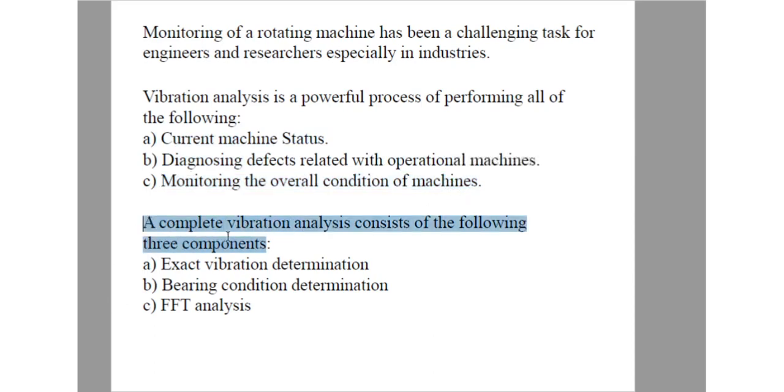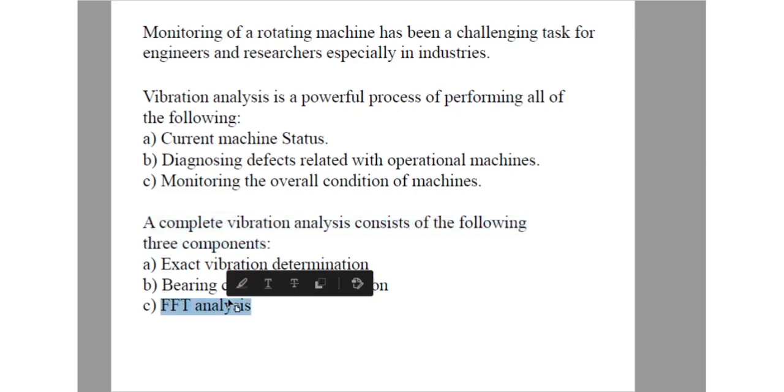A complete vibration analysis consists of three components: exact vibration determination, bearing condition determination, and FFT analysis, that is, fast Fourier transform analysis.